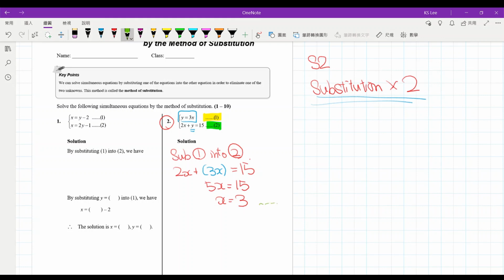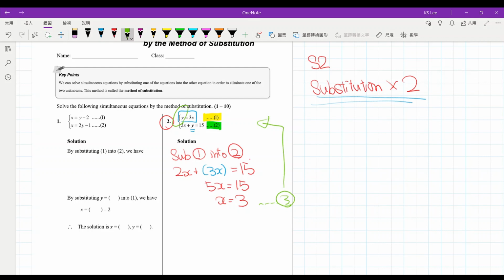We can call it our third equation. We are going to substitute the 3 back into the equation 1 or 2. Which one do we prefer to substitute? My advice will be 1, because in equation 1, we have y as the subject, so it is easier for our calculation.